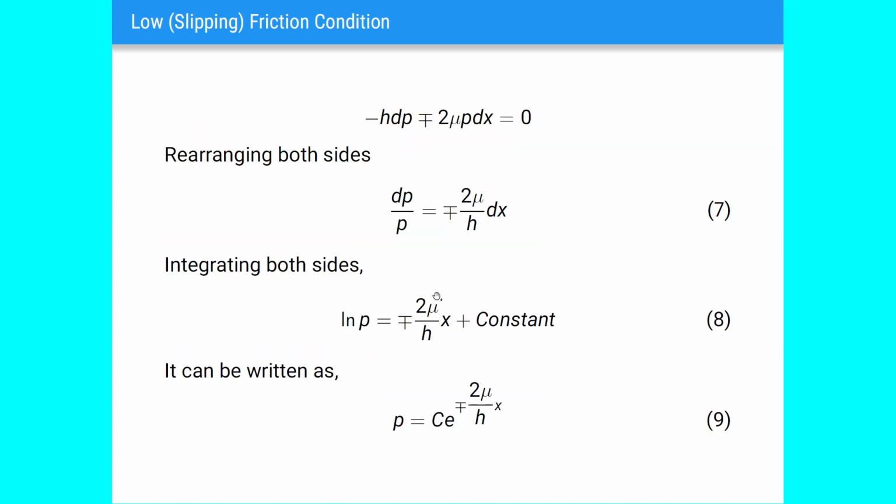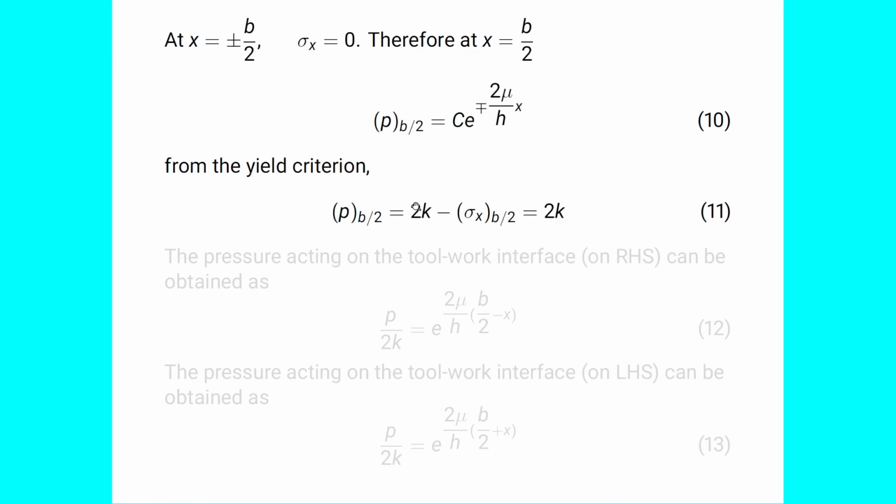So p at b by 2 will be equal to twice of k minus sigma x at b by 2, and this term is 0. This represents that the pressure at the boundary point, that is x equal to b by 2, must be equal to twice of k.